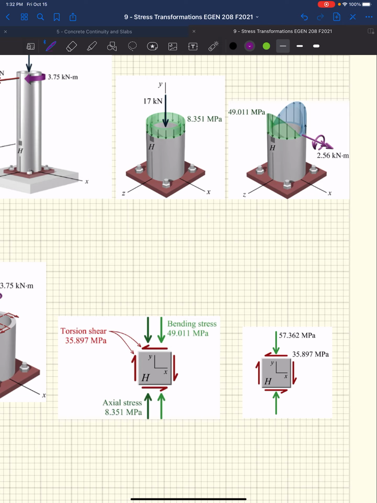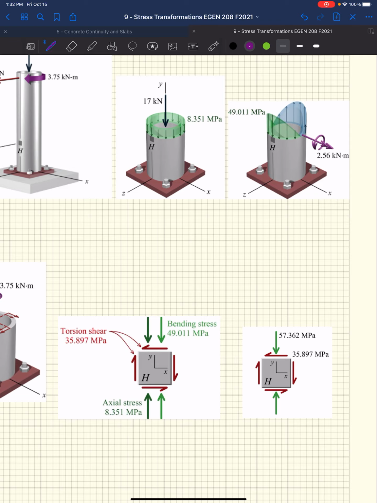So we have a bending component and an axial component. On one side of this pipe, they're going to be additive. The compression from the axial load is going to be adding to the compression from actually bending the pipe itself. So the bending stress and the axial stress are two stresses that we need to add together. So we have 49 and 8.35.